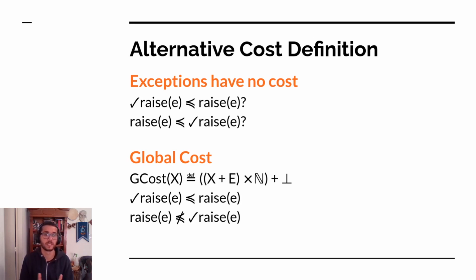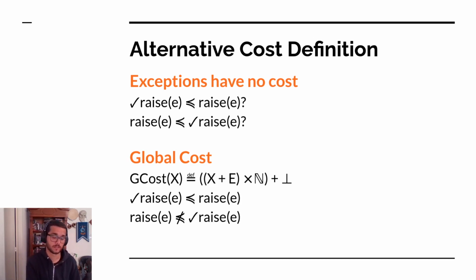For example, within the exception calculus, we might want to compare the cost required to compute a program that ends in an exception. For example, what is better, to waste the unit of cost and raise an exception, or to raise an exception without wasting computational resources?